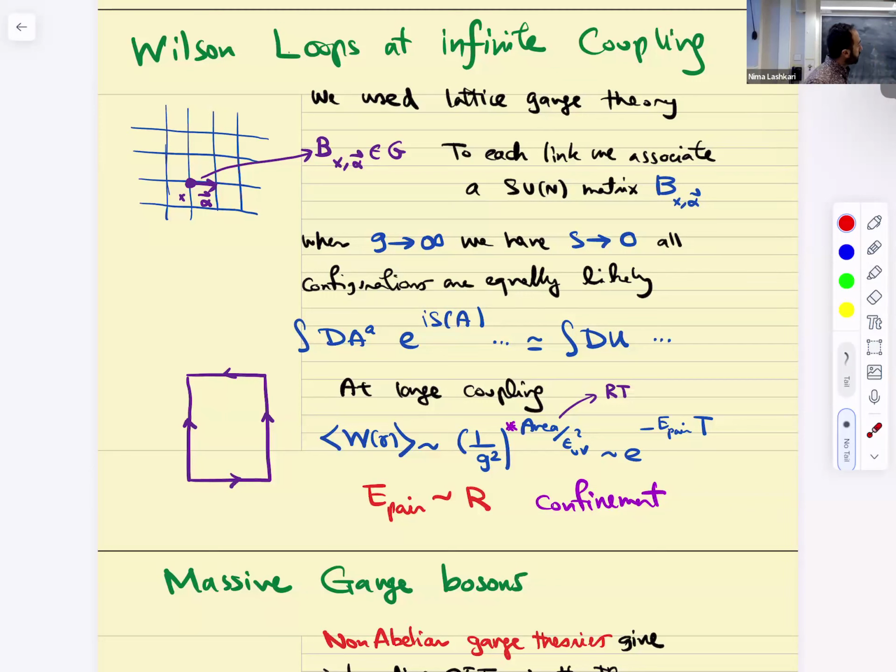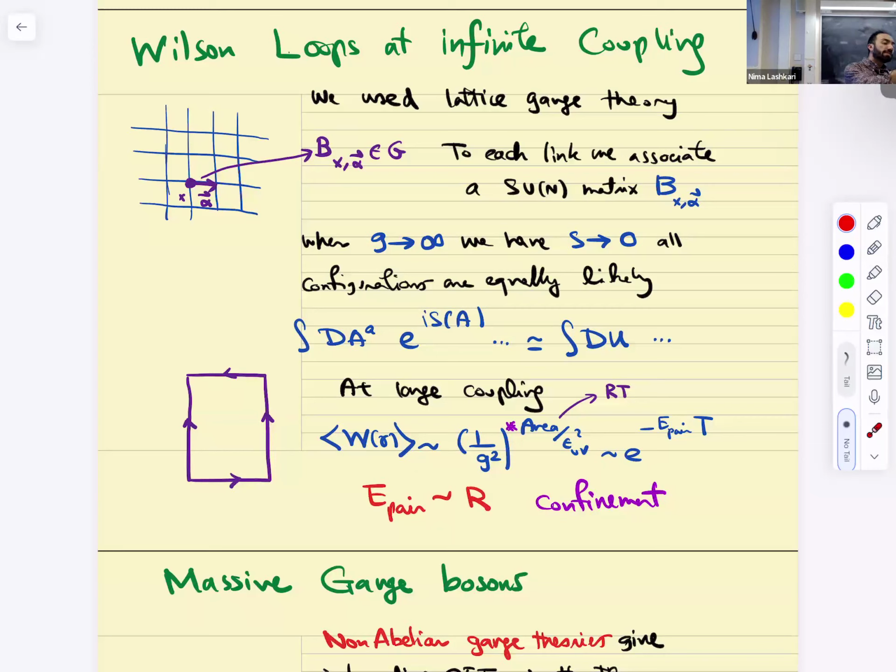I did not show you this, but it's a homework problem for you to calculate this Wilson loop in this regime, and you will find that the log of it is proportional to the area, which means that, because the exponent we're going to interpret as E pair times T, the binding potential goes linearly in r.